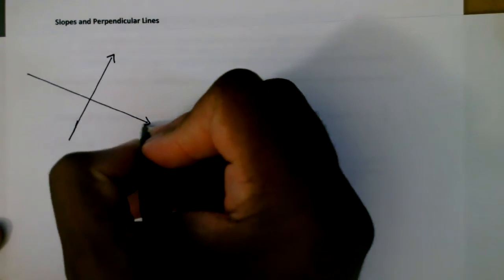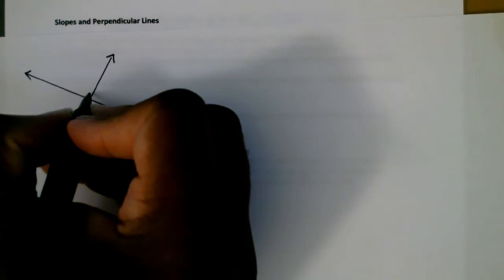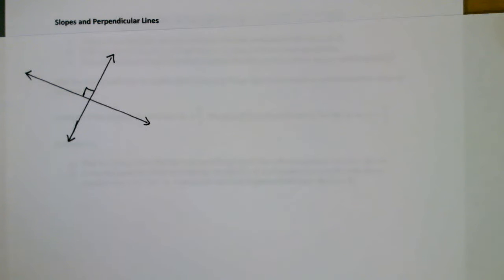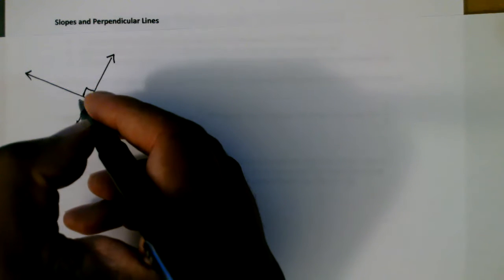Here I'm drawing one line, and here's the second line. There are two lines that intersect at what we call a right angle. And a right angle is going to be an angle measure of 90 degrees. That's where this box comes in.